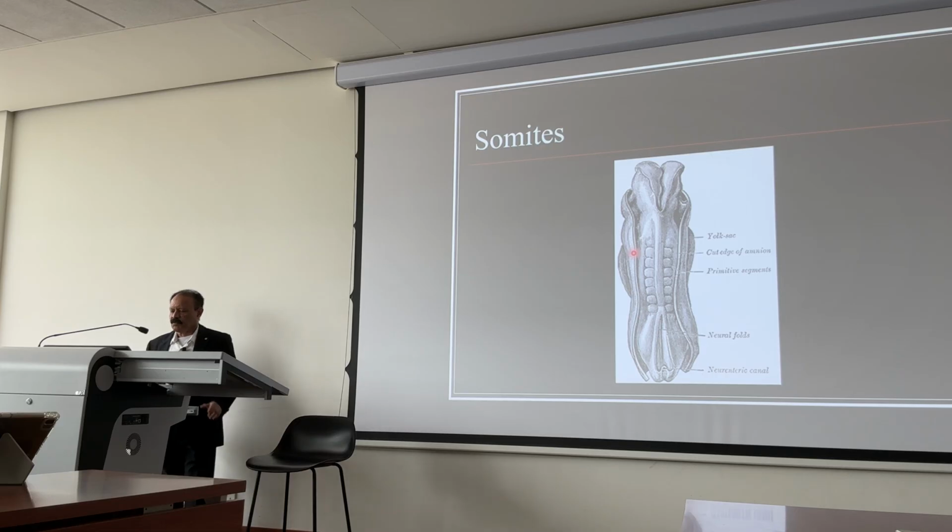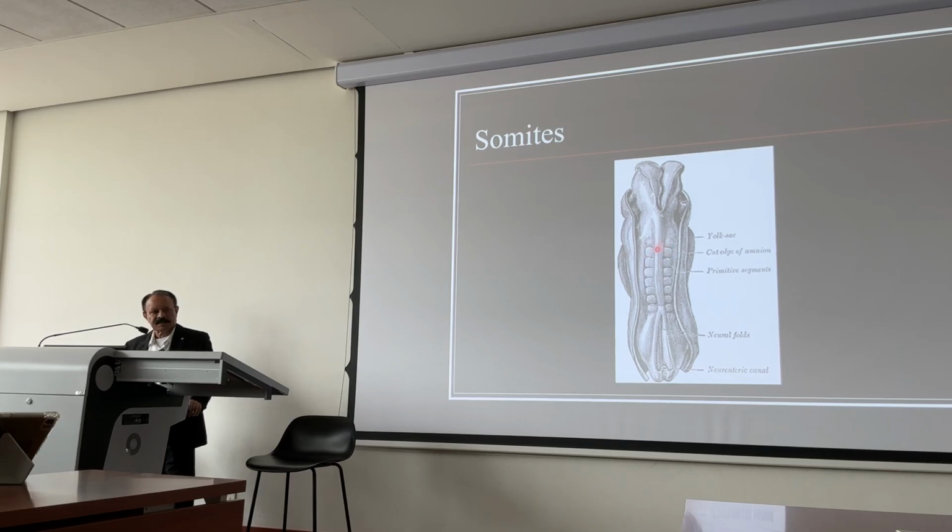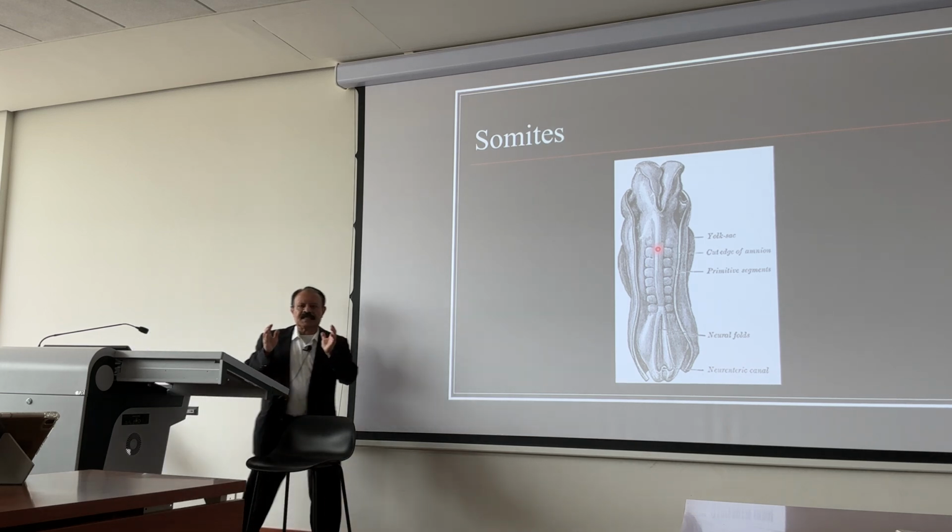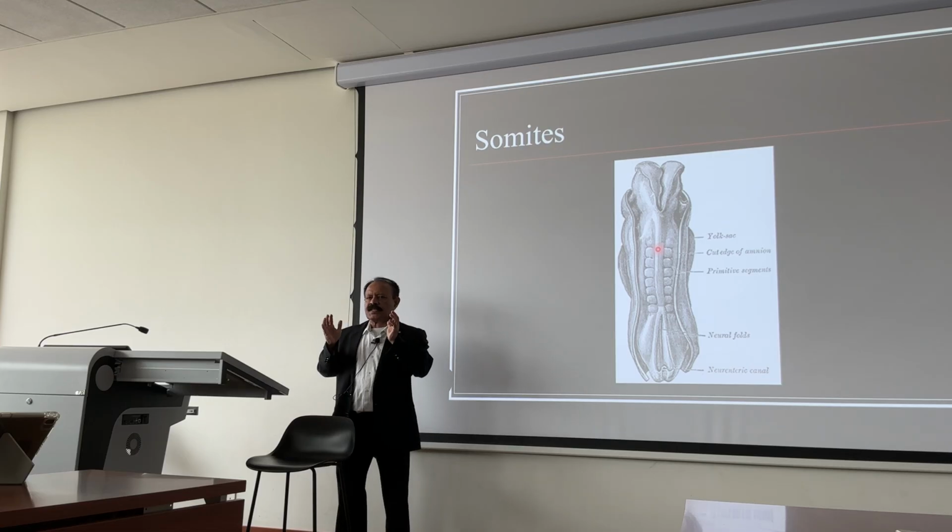Now this is a beautiful picture. It's an excellent picture, and you can see these are the somites. So if it is joining with this one, that will be one vertebra. And see where the spinal cord is, in between. So the somites are like this, and the sclerotome is over there, and this neural tube is coming and then joined together.